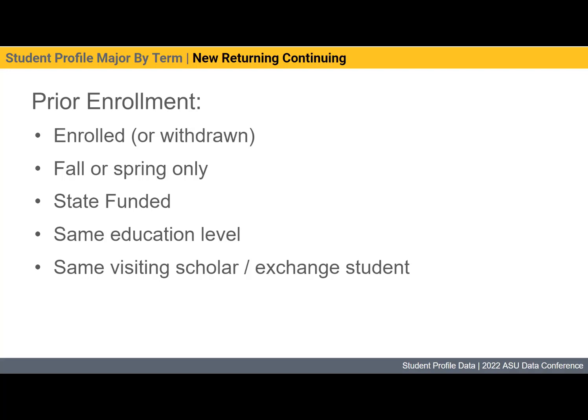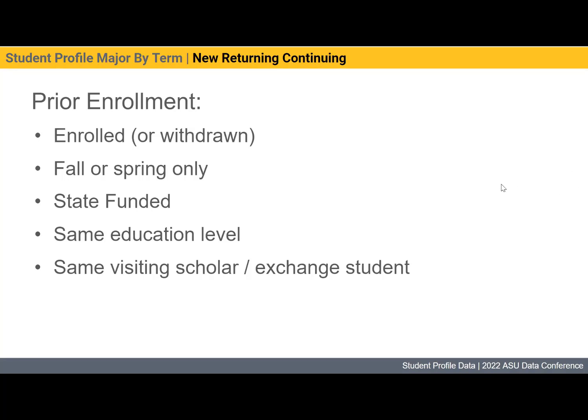And then if the student is new, they are not counted as a first-year student because that would impact our retention rates. We know they're not graduating, so the way we get them out is we use those student groups. And in student profile, there is a field called exchange student, and we put visiting scholars in there too, in the same field.